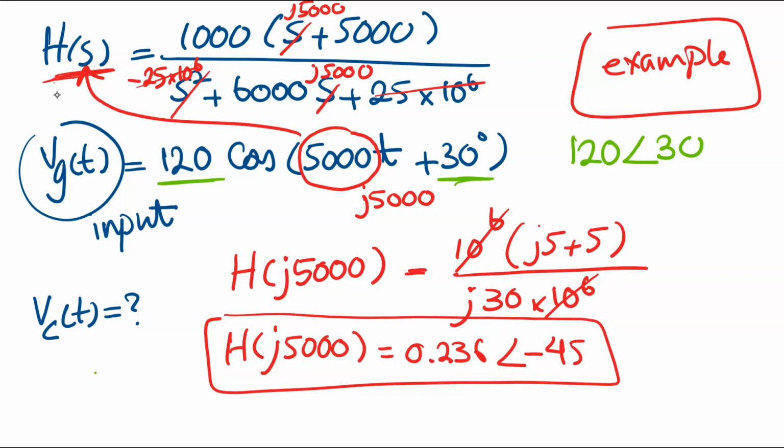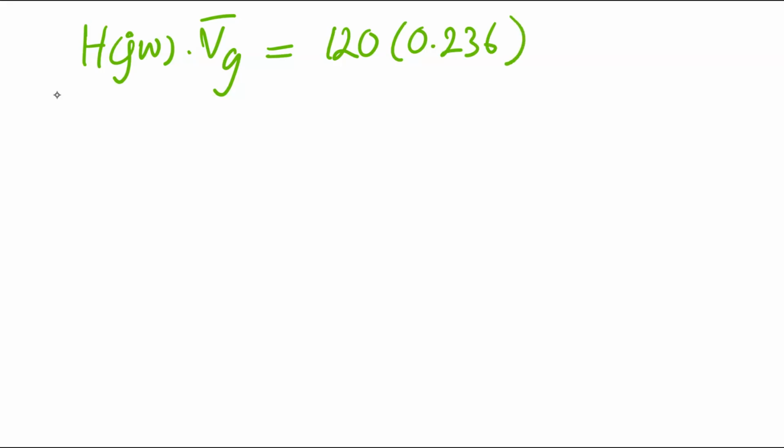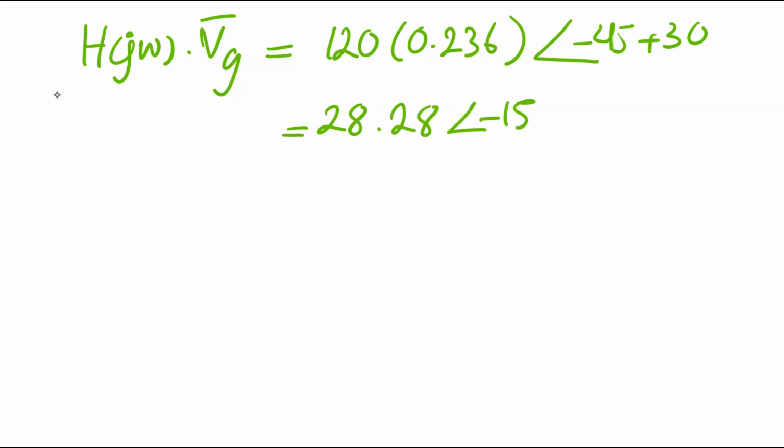If you multiply your H(j omega) by the phasor of your input, you're going to have 120 multiplied by 0.236 with an angle of minus 45 plus 30, which is equal to 28.28 with an angle of minus 15. So what you have here is your output phasor, which shows you the steady-state response.